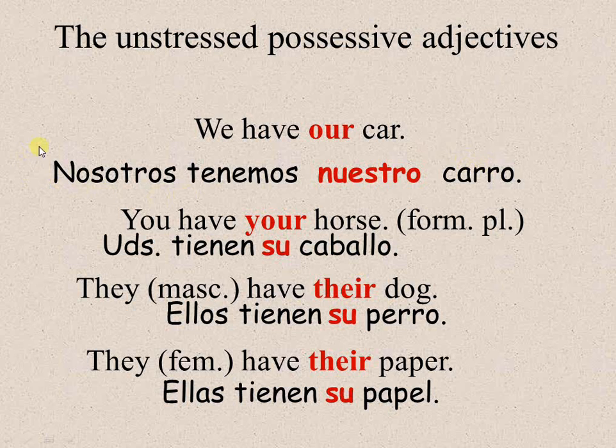So here I'm saying we have our car, but we are a bunch of people, but we only have one car. So nuestro should be in the singular form, agreeing with the noun carro, okay? Same thing here. Ustedes, you guys, have your horse, but it's only one horse. So ustedes tienen su caballo, and all these other situations here.